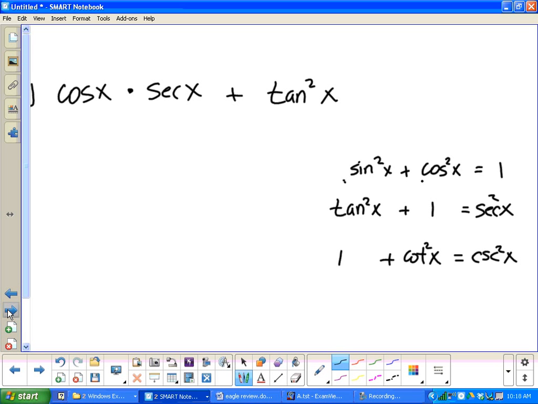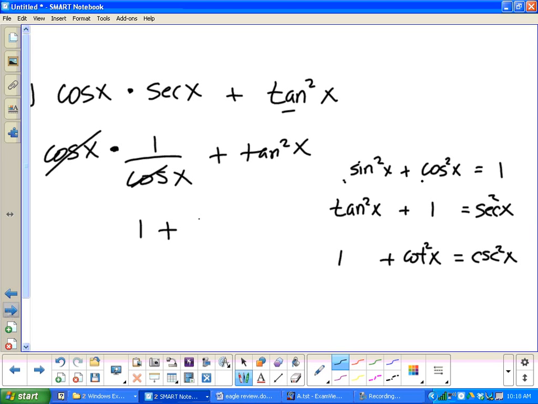I wouldn't change this one yet. If we change secant to 1 over cosine, there's my 1. Because you're multiplying, they cancel. So 1 plus tangent squared is secant squared.